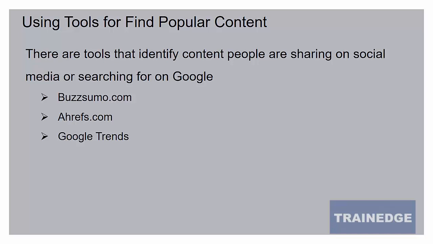You just enter the keyword and these tools will tell you which content piece from which site is popular for those keywords. And then you can analyze those pieces of content and figure out again what is common between them and what kind of information you need to have in your own content.